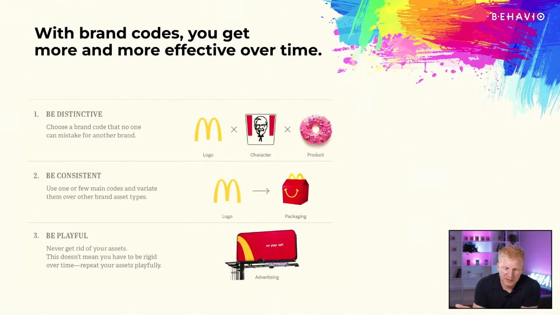So really be distinctive, choose something which is really different from your competitors, so that you look like you and nobody else, and then consistently repeat it in all your commercials for a decade. Yeah. And if you're really at the moment that everyone knows your codes, then you can be more playful maybe, because everyone already knows that it's you.